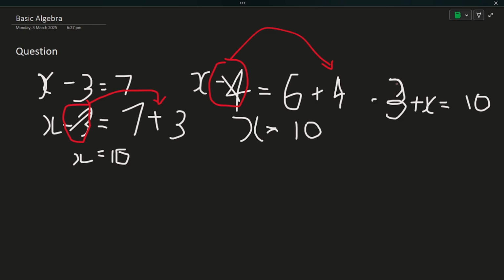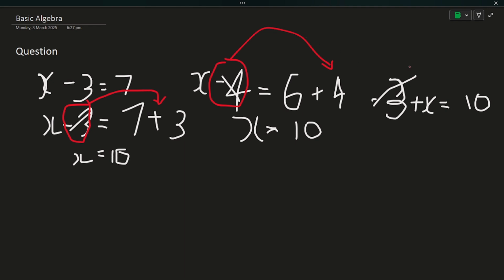Now, negative 3 plus x. This was probably tricky for some people, not gonna lie. It was tricky for me in my life. I didn't have many resources available to me. I'll just answer it.